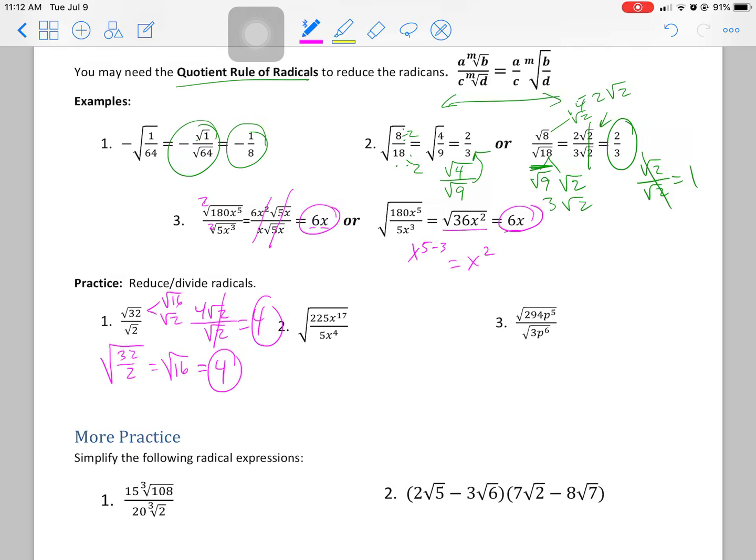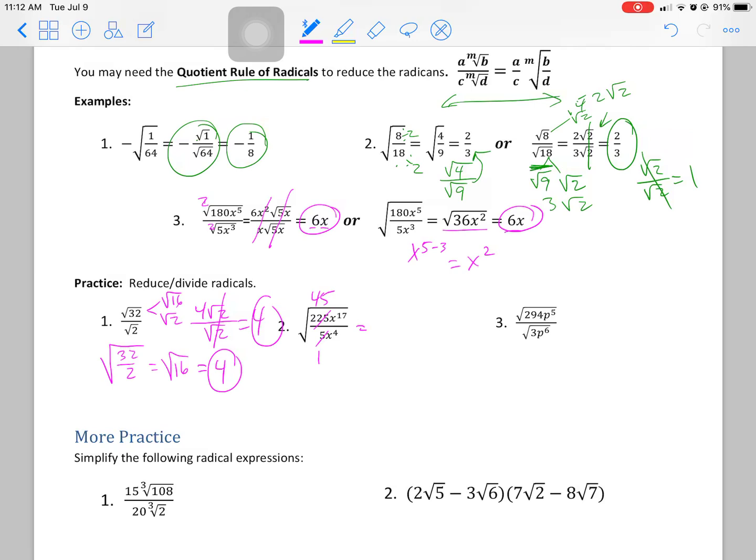This is already given to me this way. So this 225 ends in a 5, so you know it's divisible by 5. So that's going to reduce to 45, if I did that right. Let me check my calculator. 225 divided by 5. Yep, 45.